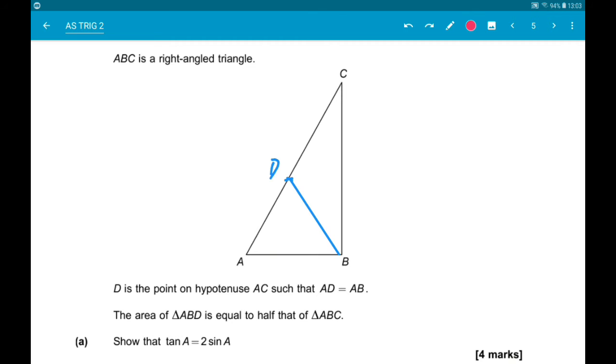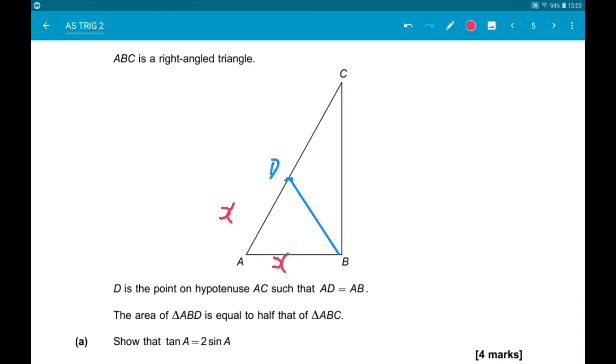So let's call them X. Now, we're also going to be dealing with tan A. Now, tan is the opposite over the adjacent.